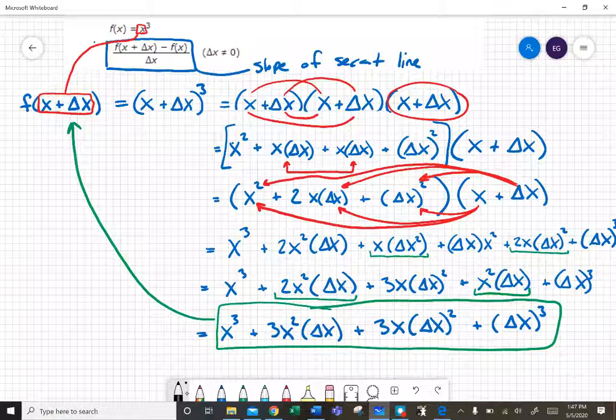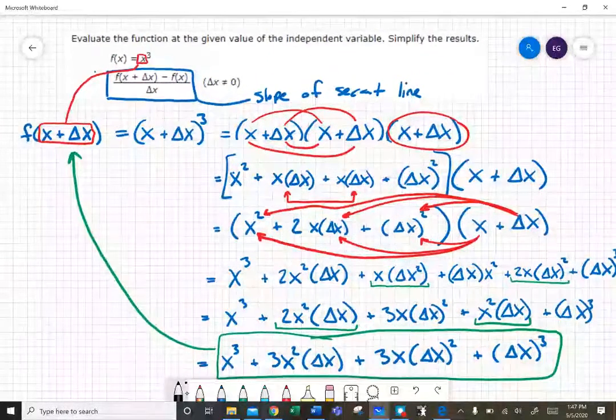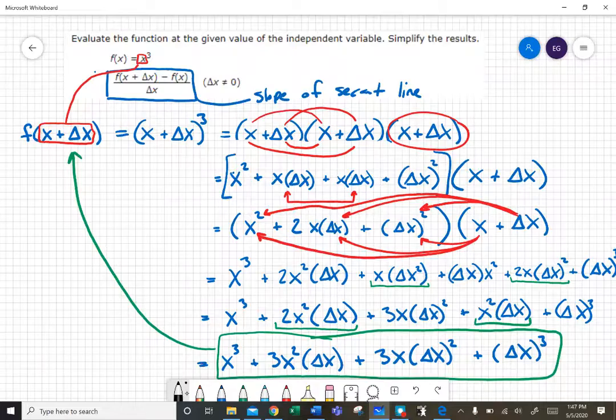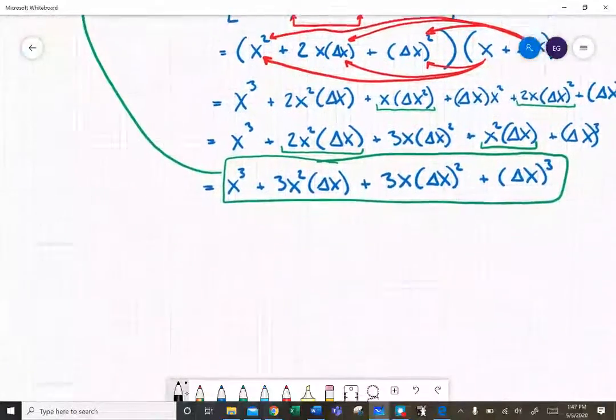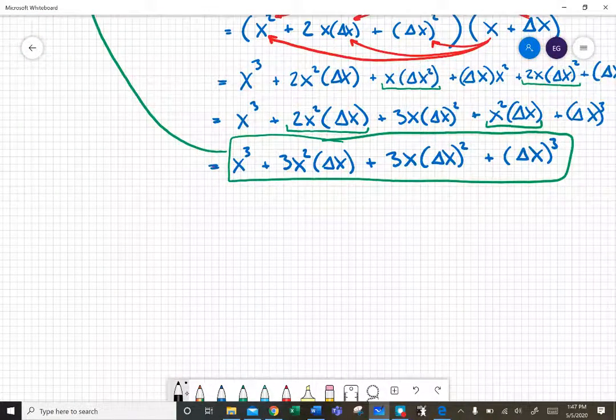All right, so now let's plug this into the formula for the difference quotient, the expression that we're trying to evaluate: f of x plus delta x minus f of x, over delta x.